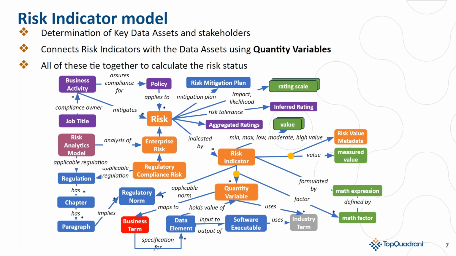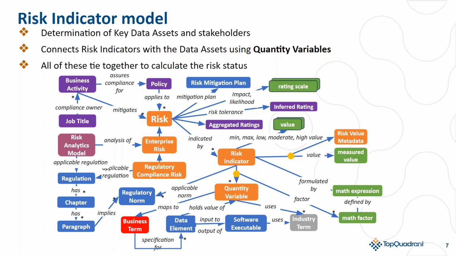When you start exploring the entire knowledge graph, because really that's what we're looking at, the entire knowledge graph applies to regulatory compliance. Each one of those regulations may have a chapter, they may have a paragraph, and each paragraph will have what they call a regulatory norm, and that regulatory norm is what we apply to that risk indicator.